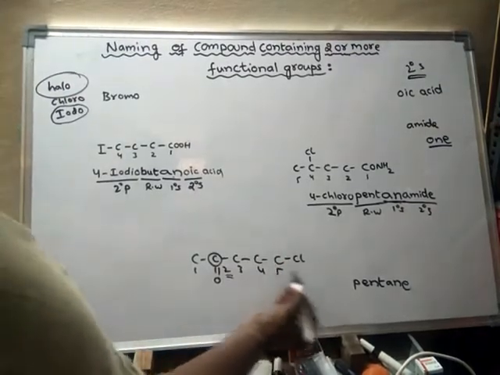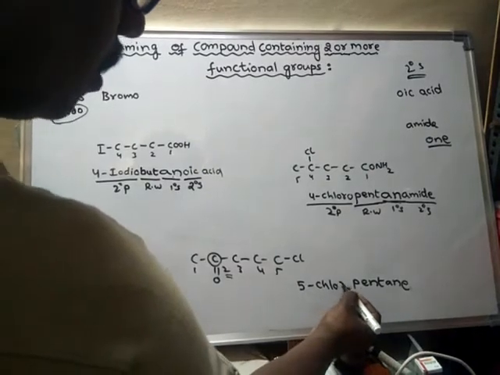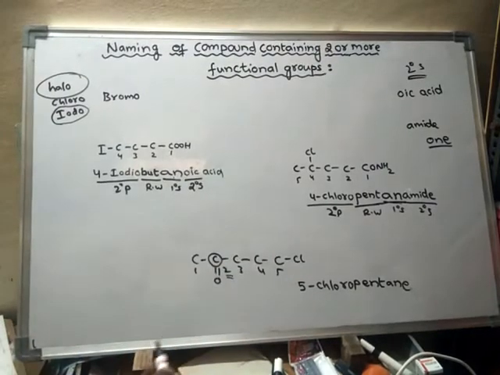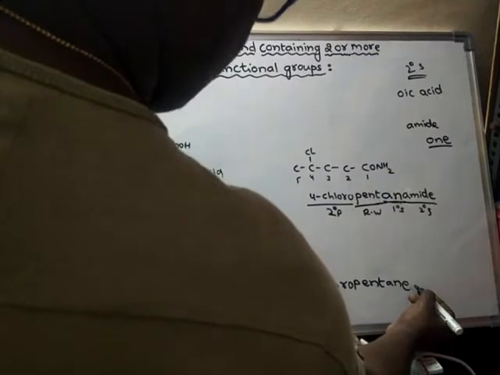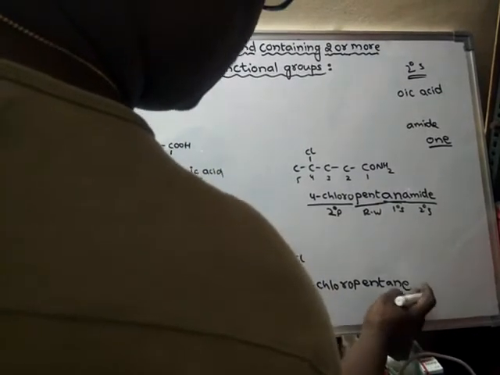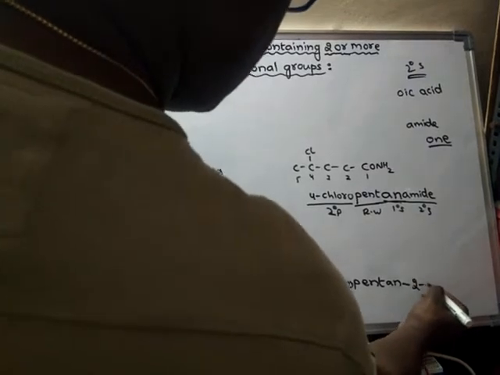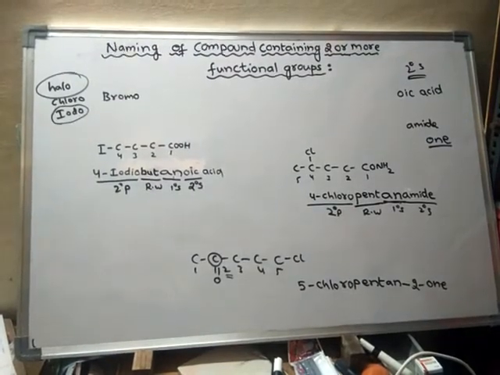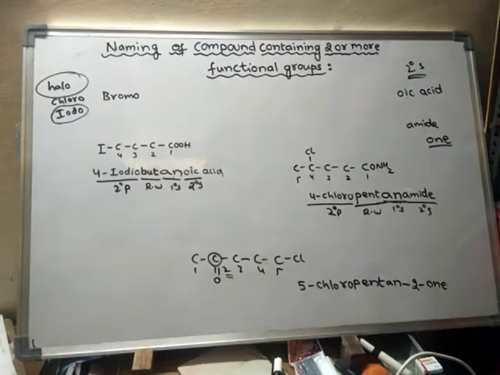On which carbon? 5th carbon. So 5-chloro, 5-chloropentane. But a functional group is present. On which carbon? Second carbon. So here remove this E. On the second carbon you will find one. So this is the name of the compound: 5-chloropentan-2-one. 5-chloropentan-2-one will be the name of this compound.